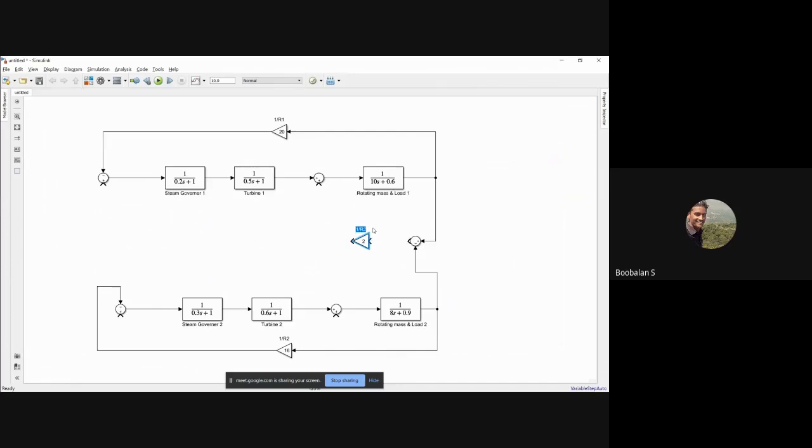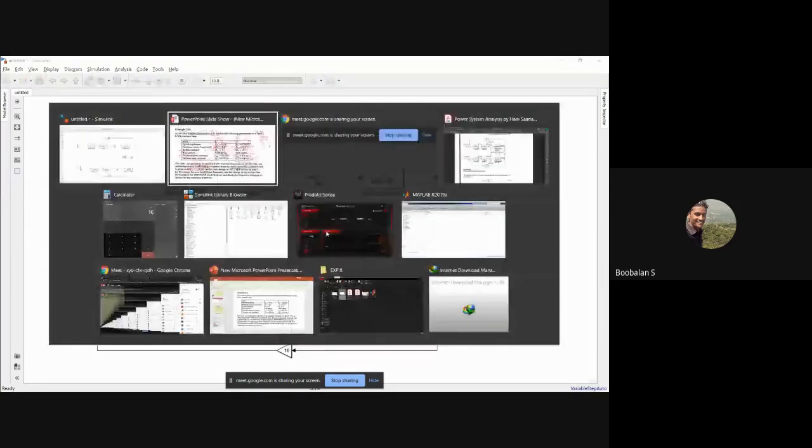I'm going to rename this variable synchronization power coefficient. So it is now 2, and this 2 is integrated, so then it will look like this.